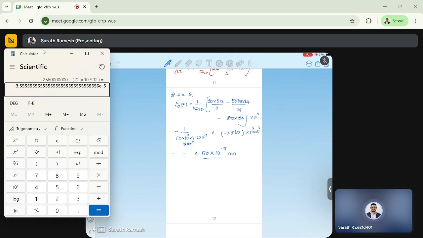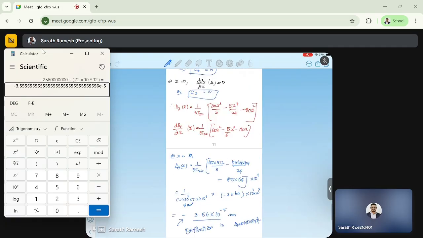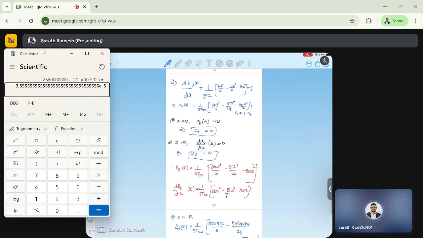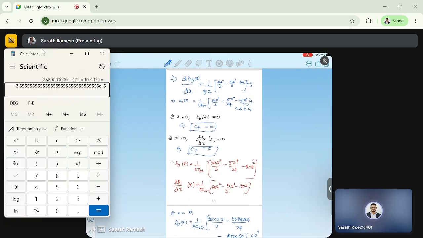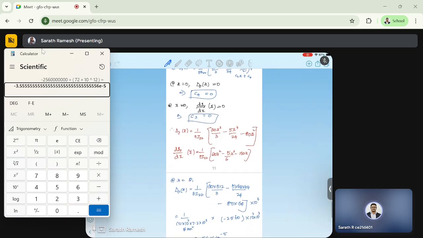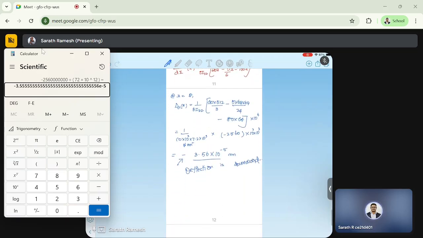Here the important thing is, what does this negative sign represent? The negative sign represents that the deflection is downward. Next, what is the magnitude of the rotation at the ends A and B?